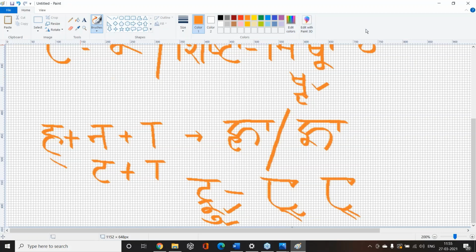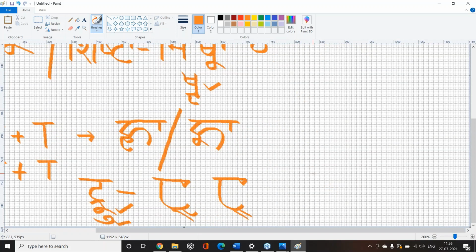That's my understanding, because the question is, can you please show tru and tru with the second ta? So if there are two tas, the first ta also has r and u, and the second ta also has r and u, and they are conjunct. Maybe that's what I could understand, unless I get more clarity. For example, there is a letter, and below it also is a ta, which also has r and u.